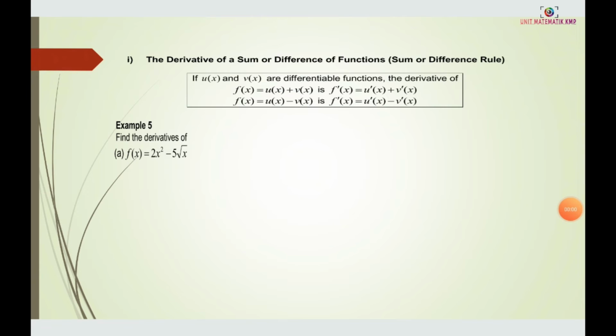Okay, now the derivative of a sum or difference of functions. So we call it the sum or difference rule. If u in terms of x and v in terms of x are both differentiable functions, then the derivative of f(x) equals u(x) plus v(x) is f prime x equals u prime x plus v prime x.